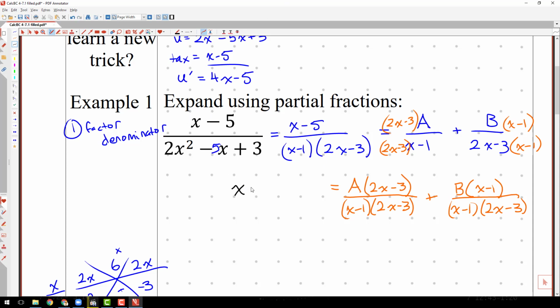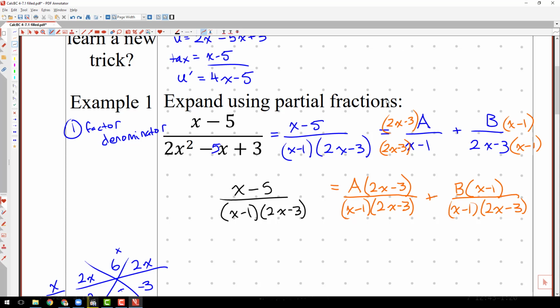I have x minus 5 all over, I should really be writing, sorry, x minus 1 times 2x minus 3. And we can see really what I can do is I can extend that line and they're the same fraction. It's just one giant fraction, a times 2x minus 3 plus b times x minus 1, all of that over x minus 1 times 2x minus 3.